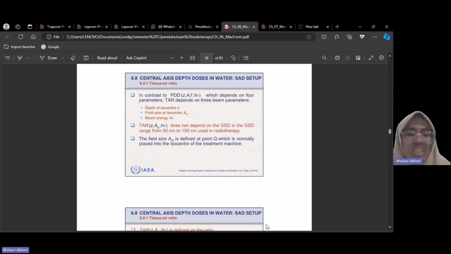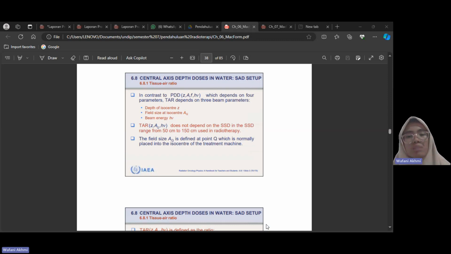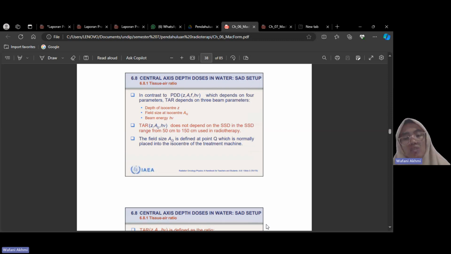In contrast to PDD, which depends on 4 parameters, TAR depends on 3 beam parameters: depth of isocenter Z, field size at isocenter AQ, and beam energy HV. TAR doesn't depend on the SSD in the range from 50 centimeters to 150 centimeters used in radiotherapy. The field size AQ is defined at point Q, which is normally placed into the isocenter of the treatment machine.